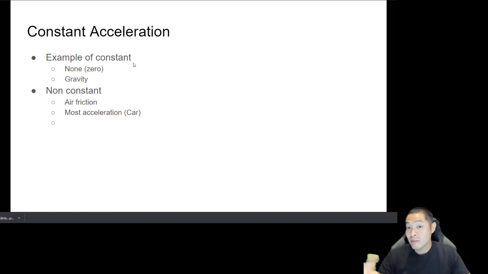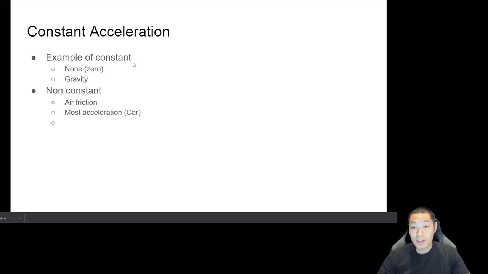Non-constant is real life, when you have air friction. When you're walking at 1 meter per second, you're not going to feel the air slowing you down. But if you're going at 50 miles per hour, or about 25 to 30 meters per second, you're going to have a really hard wind pushing against you. If you ever ride your bike towards the beach, one way is much easier than the other, depending on whether the wind is on your back or on your face.